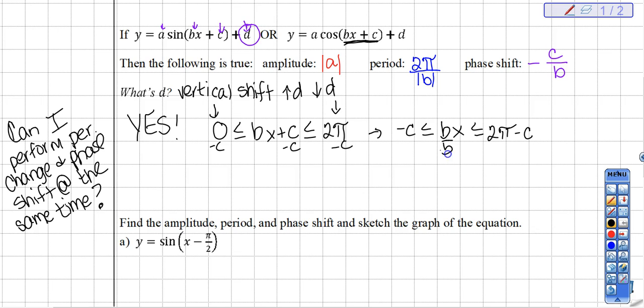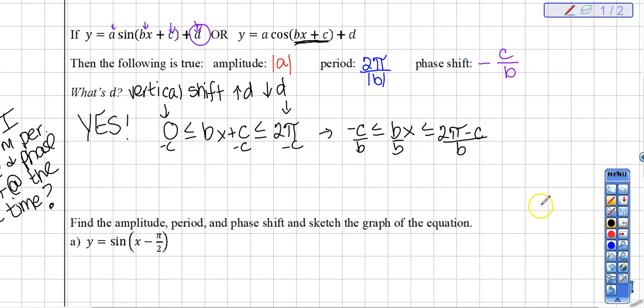And then we would divide everything by b, and we would end up with the phase shift, which is the opposite of c over b, as our starting point, less than or equal to theta, whatever that is, x, less than or equal to the answer to 2 pi minus c divided by b.